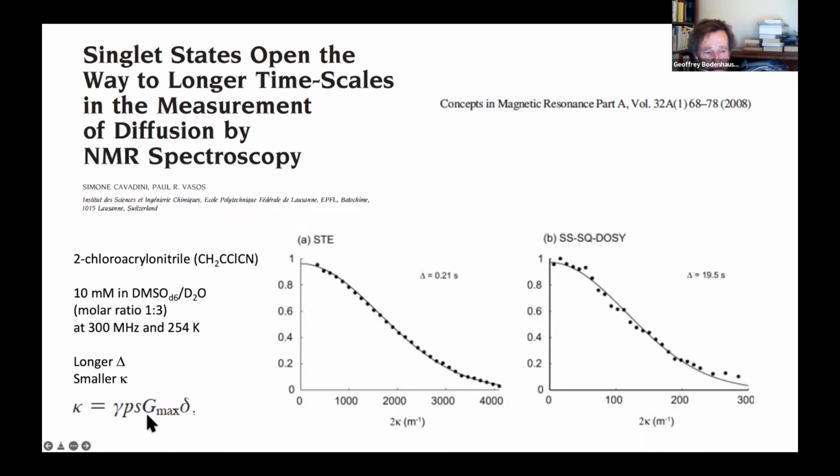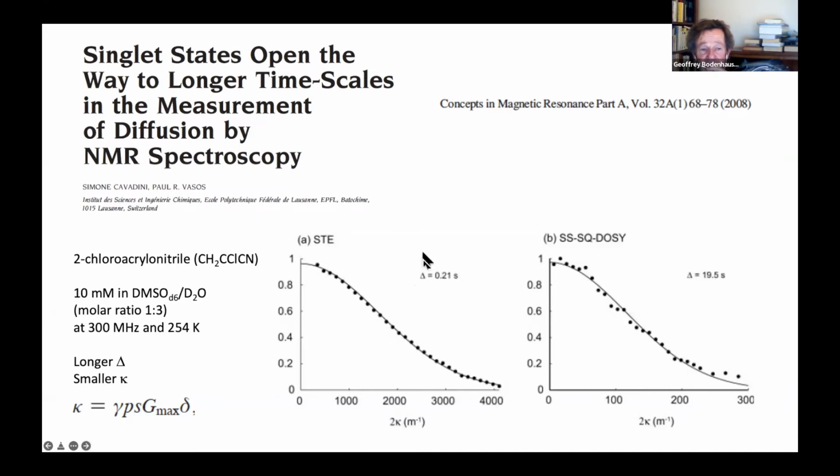So kappa is, among other things, proportional to the gradient amplitude, which of course cannot be infinitely strong. And you see that with conventional stimulated echoes, this kappa parameter had to go to 4,000 to measure the full decay, whereas here we could go to 300, which is better than a factor 10 lesser in amplitude.